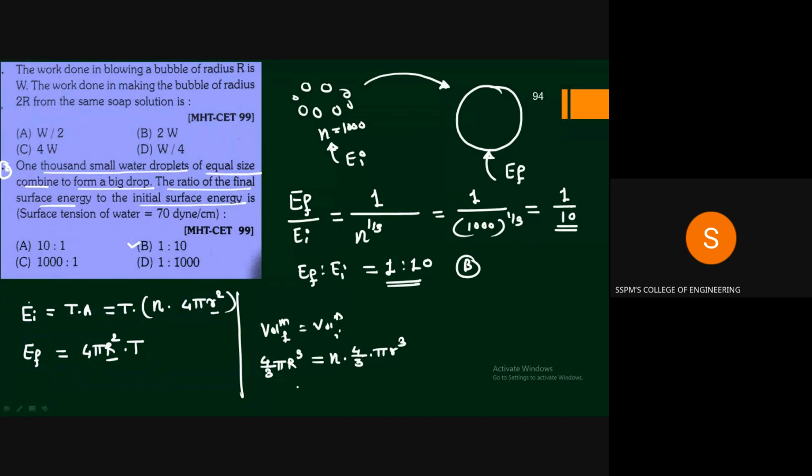So from this we will get the relation R cube is equal to n into r cube, after cancelling out the common terms. If you put this value in the equation and take the ratio of EF upon EI, finally you will get this relation. So the basic formula remains the same: the work done or the surface energy is T into area.